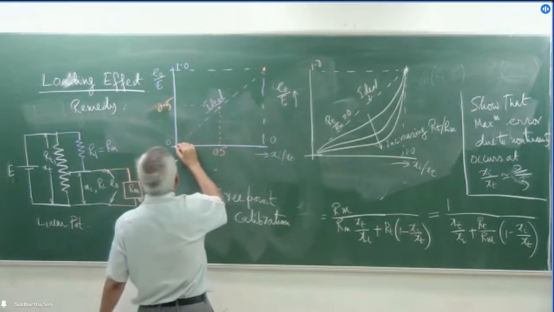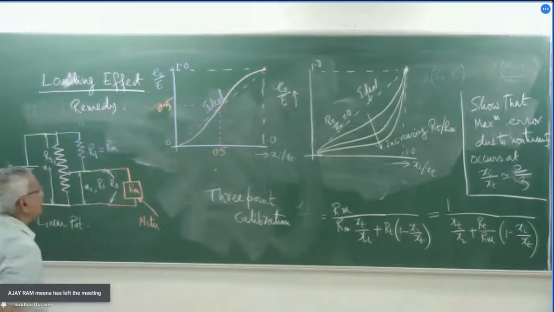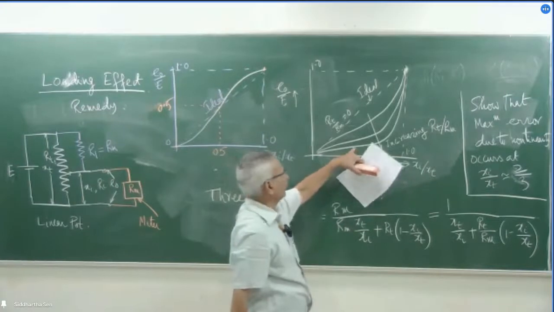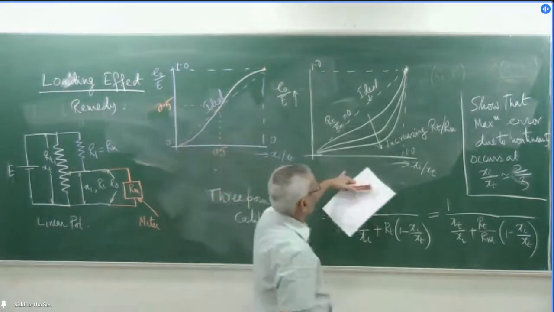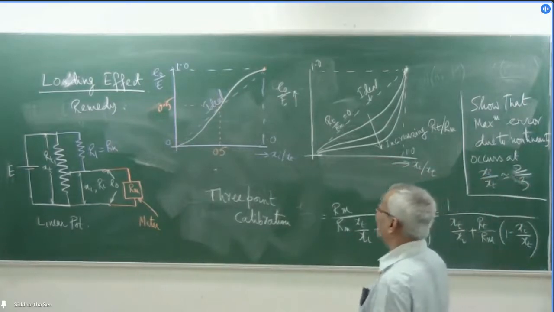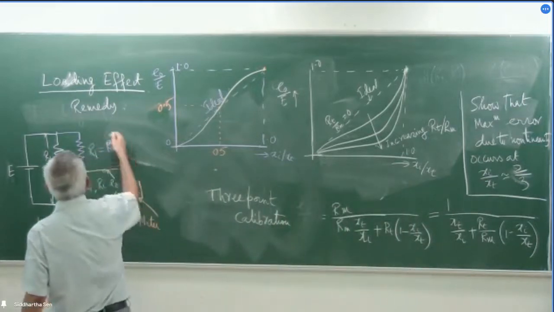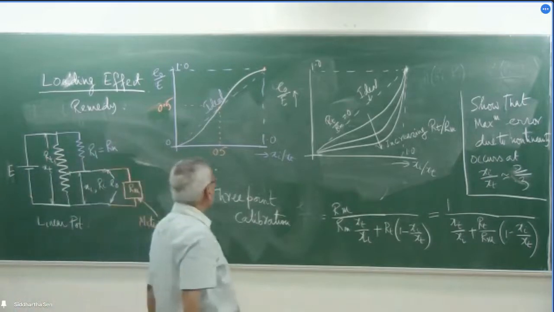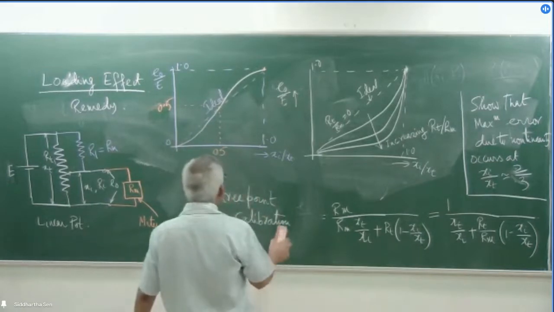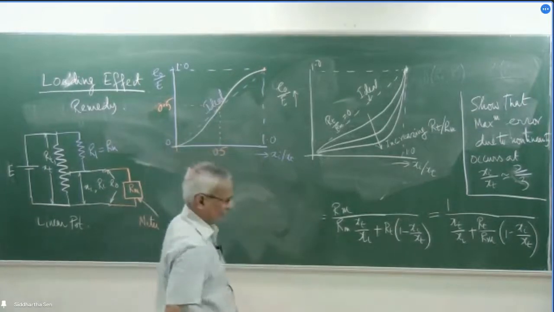And naturally, we will get a characteristics which is much closer to the ideal one compared to the case without the extra resistance. So what we are achieving is similar to a 3-point calibration here, and from there we can achieve better, more linear characteristics.